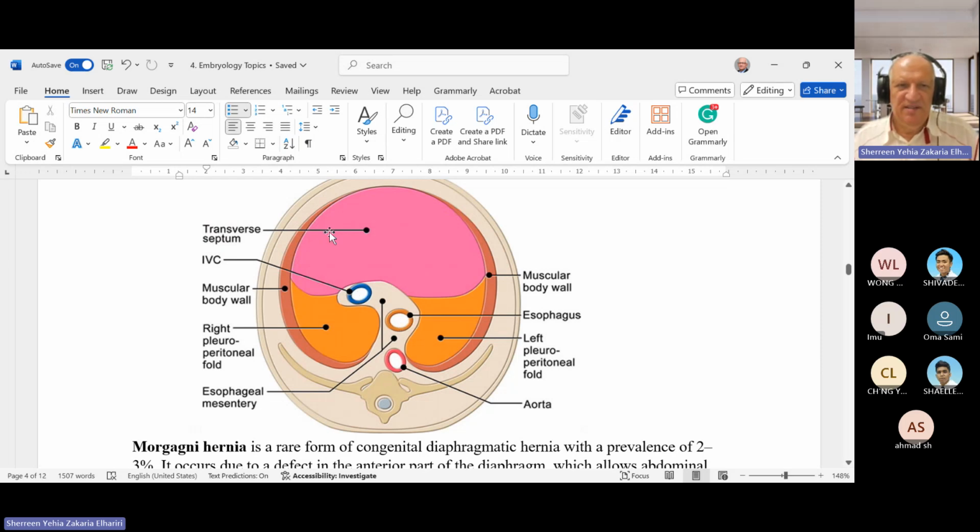Usually in the transverse septum it is difficult to have anomalies, and this area is occupied by the heart. But usually either right or left can be affected. On the right side, even if you have a defect, the liver is a big organ and obstructs the area, so most of the anomalies appear on the left side, because the stomach, colon, and intestine can easily jump into the thoracic cavity.